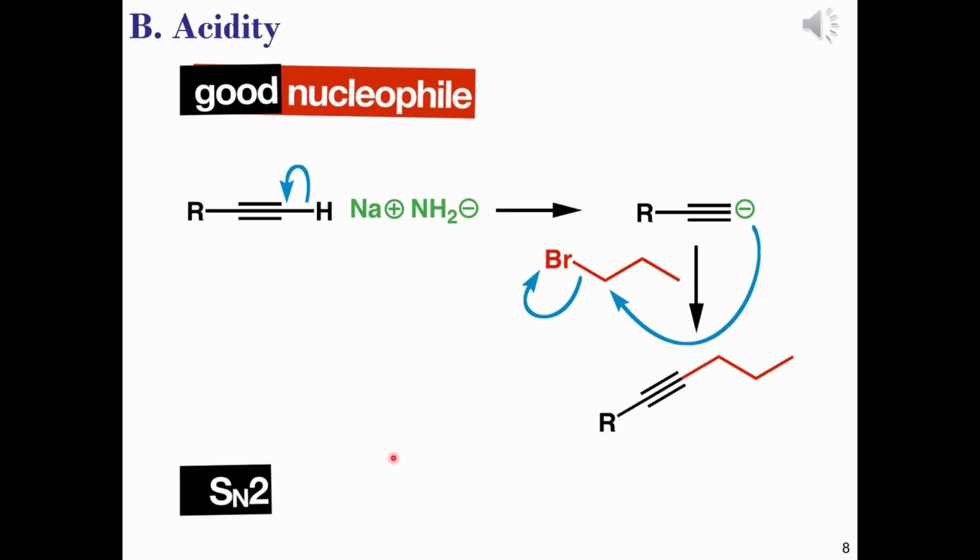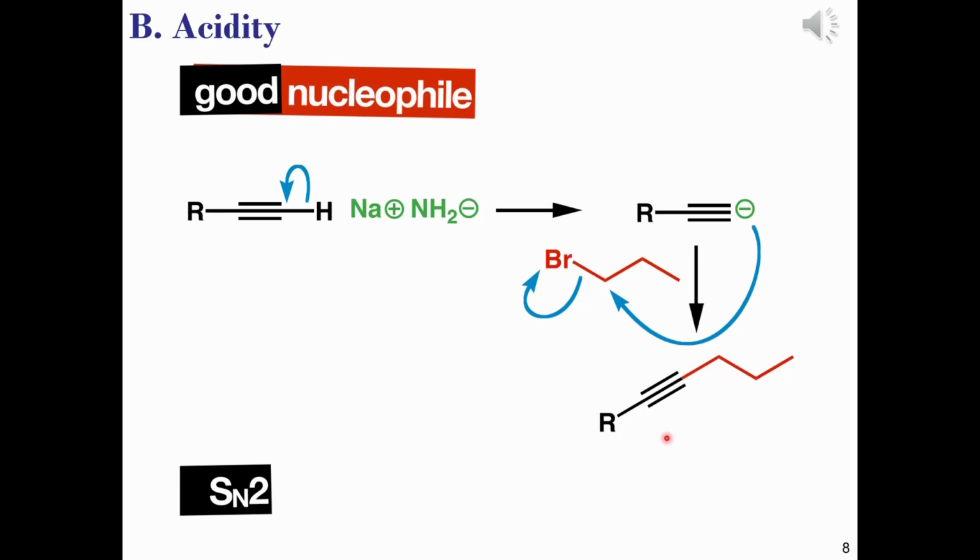The other consideration is that this strong base can also behave like a strong nucleophile in a reaction, but it is going to be selective. If this strong base, strong nucleophile is reacted with a primary alkyl halide substrate, then in this case an internal alkyne will be formed. Carbon-carbon bond forming reactions are always very useful in organic synthesis.